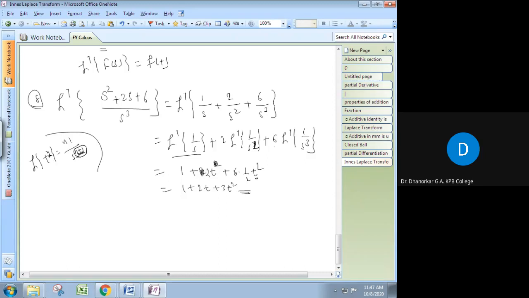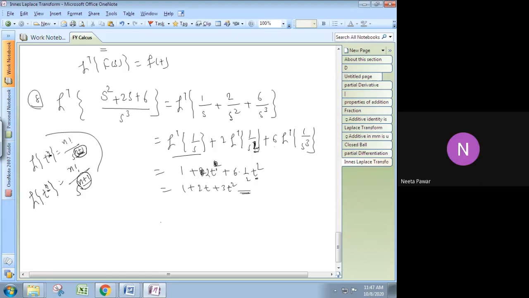If the power is 2, then t surely contains power less than 1. We should go to this one: Laplace transform of t raised to power n is equal to n factorial divided by s raised to power n plus 1. Here it may be the power of this s. Surely the t contains power less than 1. N plus 1 is here. Here is n. Here is 2.